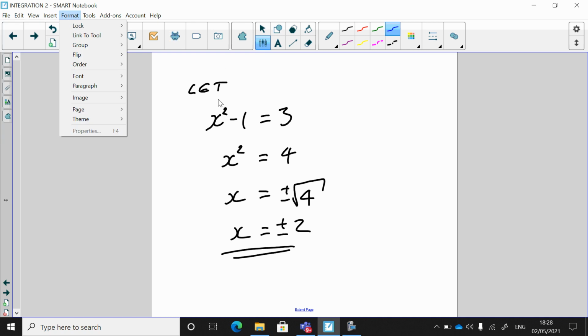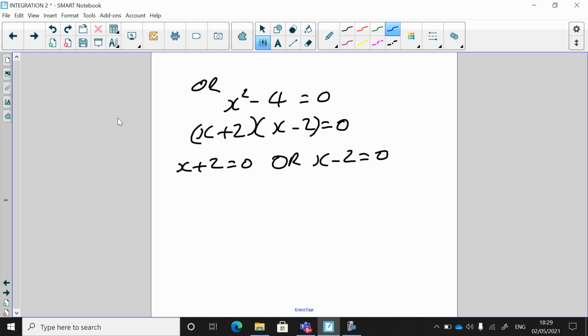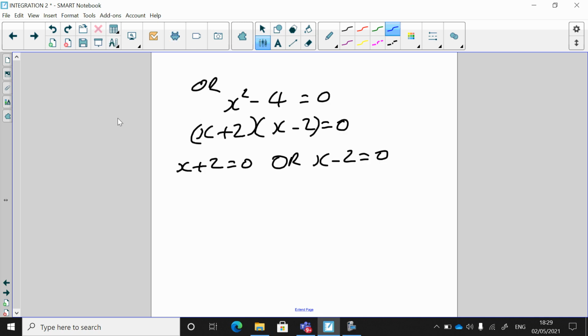Or you could approach that in a different way by recognizing it as the difference of two squares. That's fine. Separate and solve, and you would get the same answer.